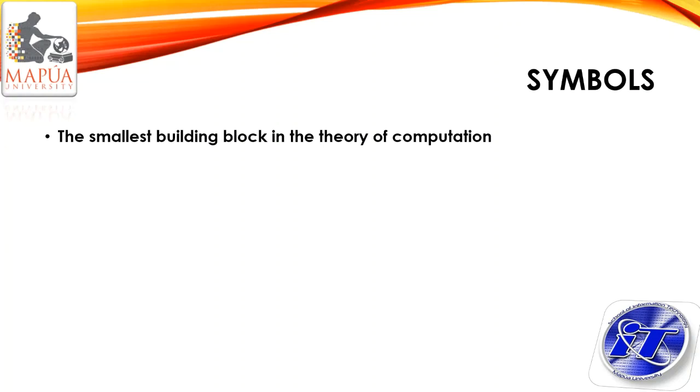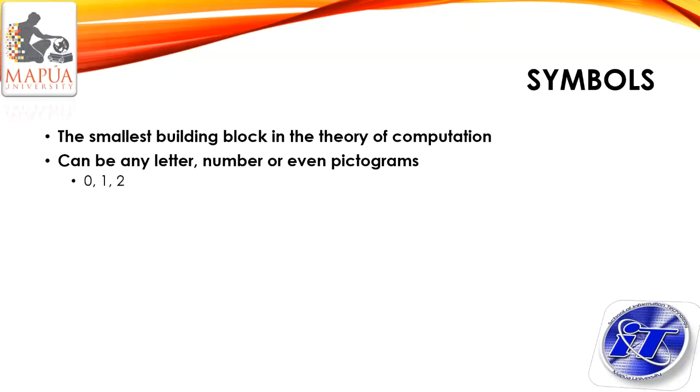It could be a letter, a number, or even a pictogram. So for example, a symbol could be 0, 1, 2 or A, B, C. And again, it represents the input for a certain machine.